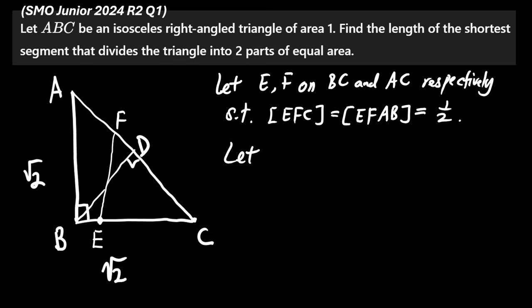Let EC be X and let FG be H, where G is the foot of the perpendicular from F to BC.